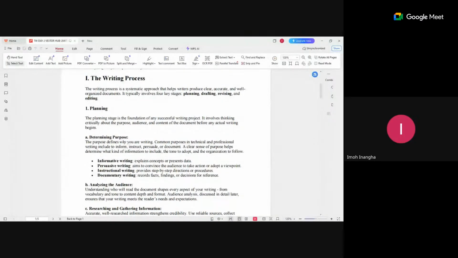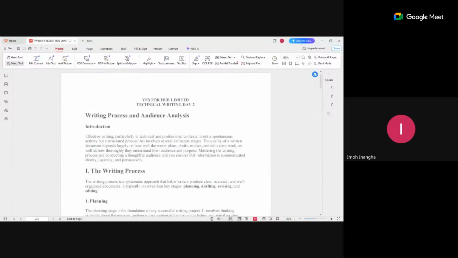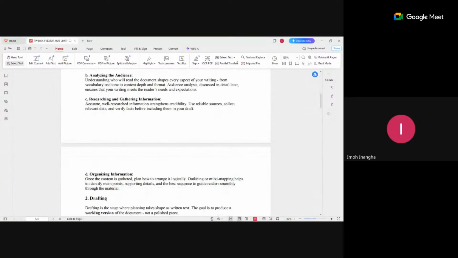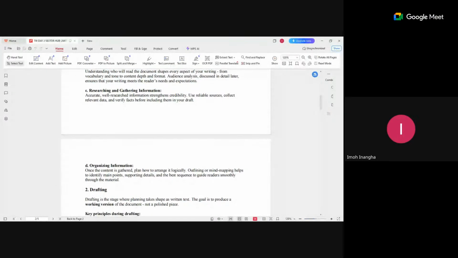Okay, so you have section C, which is researching and gathering information. Accurate, well-researched information strengthens credibility. Use reliable sources, collect relevant data, and verify facts before including them in your draft.